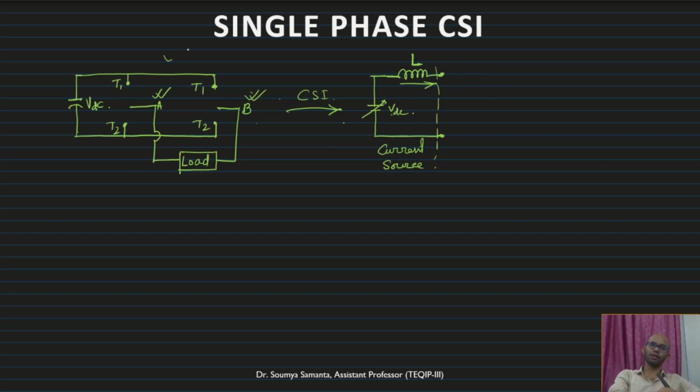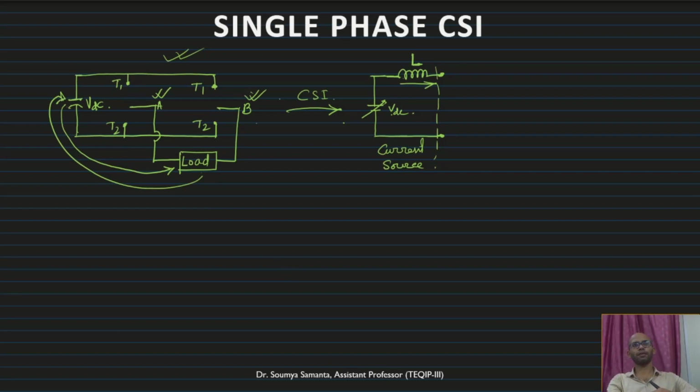So this same thing can be converted to the single phase CSI if we interchange the position of these two, that means not this DC voltage source, but this whole current source. If I place the current source here and the load here, we will get the current source inverter, CSI.